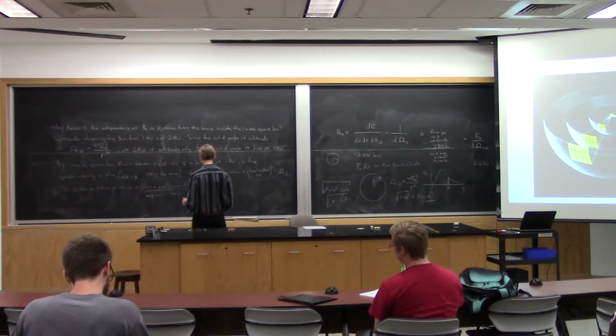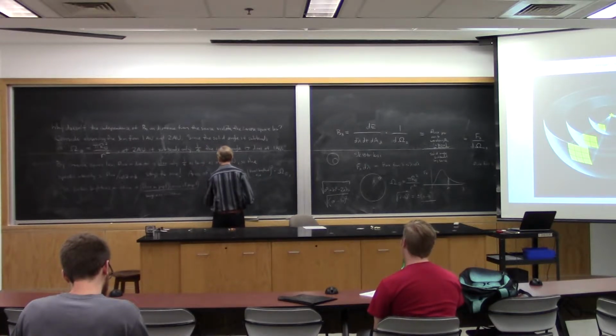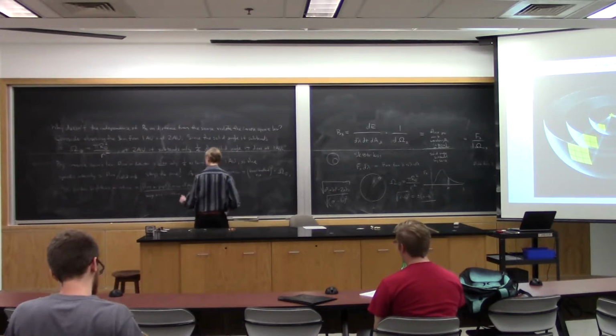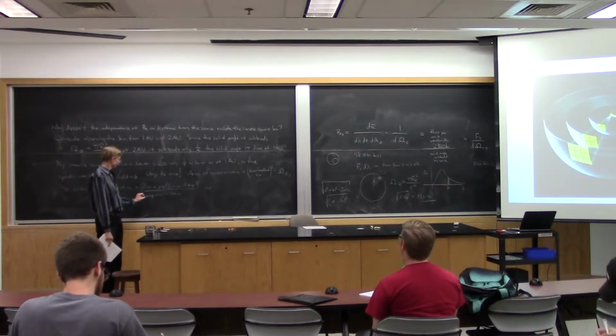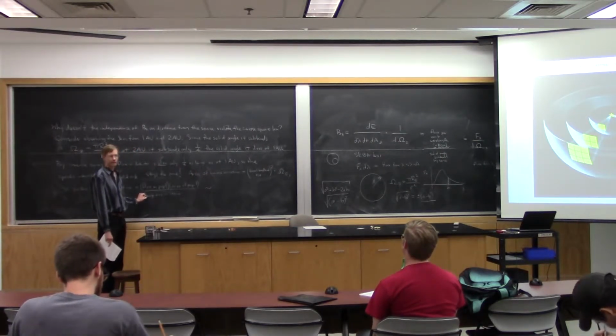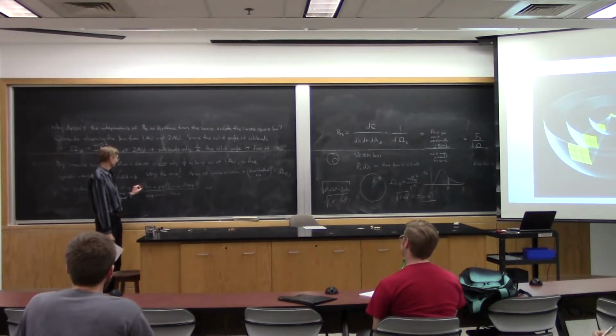So flux on pupil times area of pupil, divided by the image area on the retina. Because the image area on the retina is proportional to the solid angle, this will scale like flux on the pupil, which is the flux.